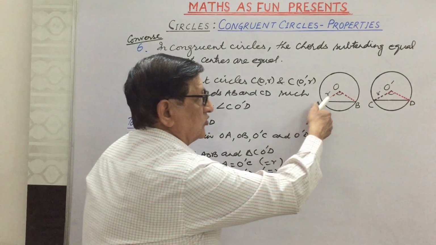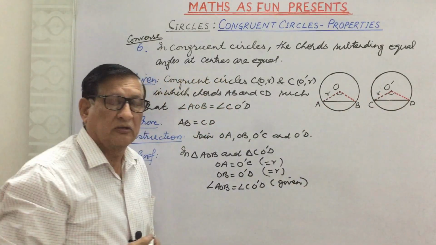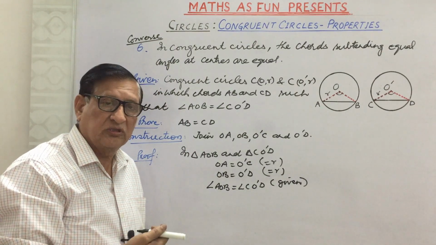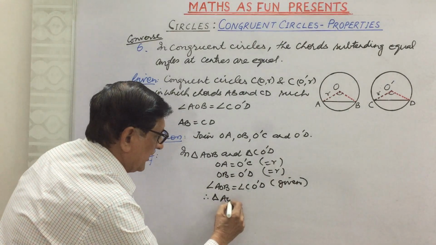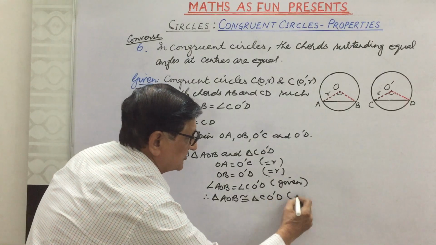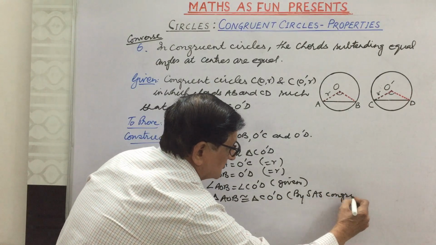So we find two sides and the angles bounded by them are equal. Therefore, the triangles are congruent by SAS congruence. So we write, therefore, triangle AOB is congruent to triangle CO dash D by SAS congruence.